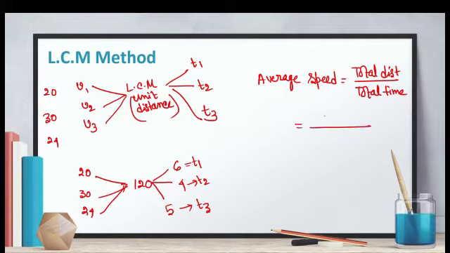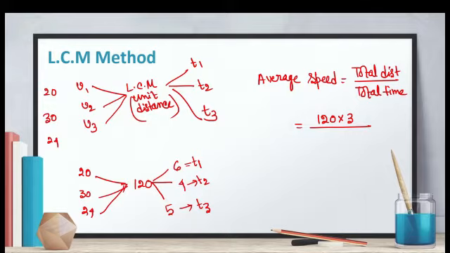The total distance will be 120 into 3. Here, the car covers equal distance for 3 different speeds. That's why the total distance will be 120 cross 3.